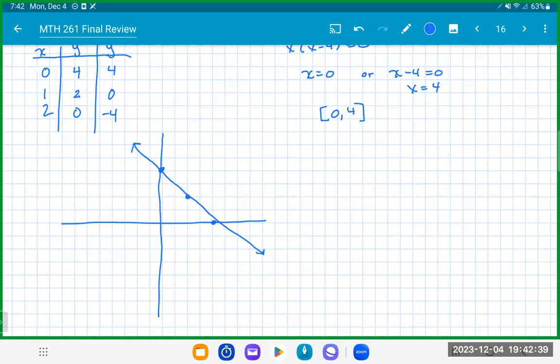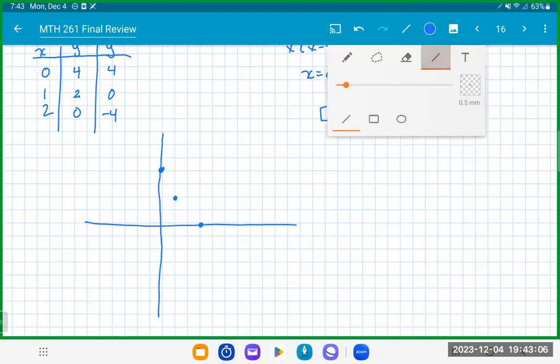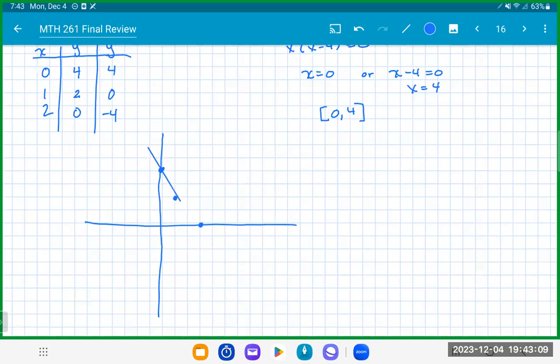For our second equation, actually, let me make this a little different. Let's just do one line so that our graph doesn't get super out of control. Otherwise, it'll be really long.